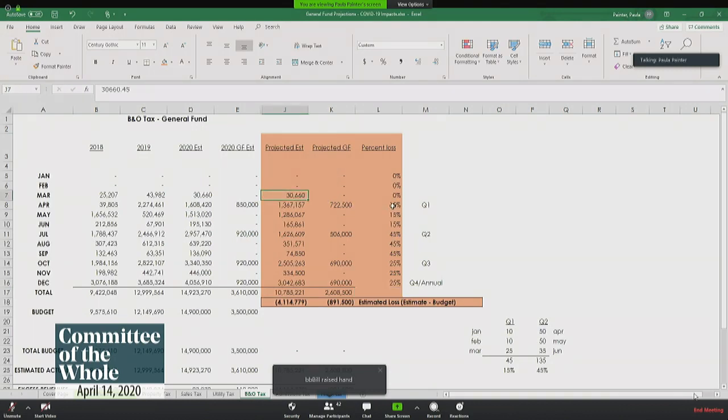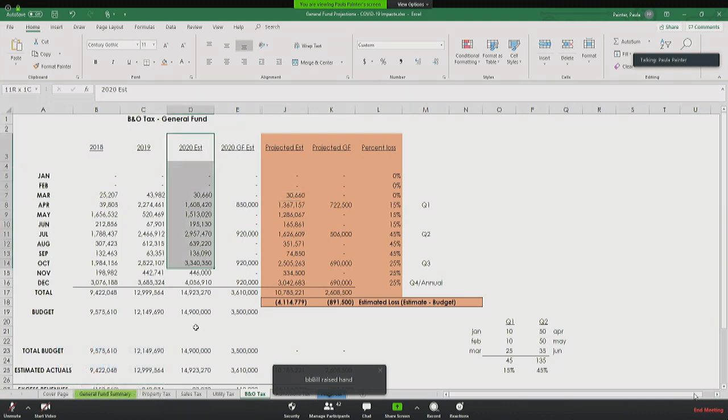So I'm going back to the B&O tax page. I have two columns here. One of them is the projected column of the total B&O tax, and then this is the amount that will stay in the general fund. As I've said, at the moment, the primary focus has been on the general fund for this presentation.